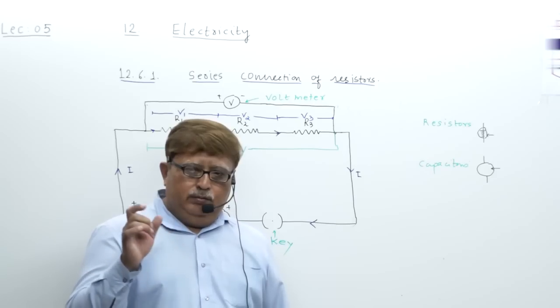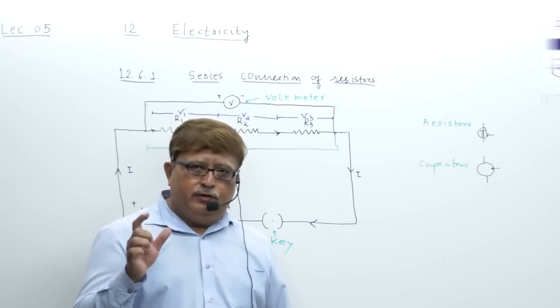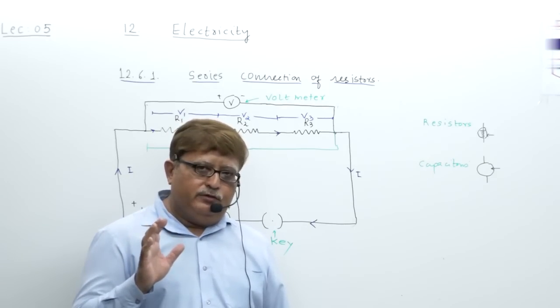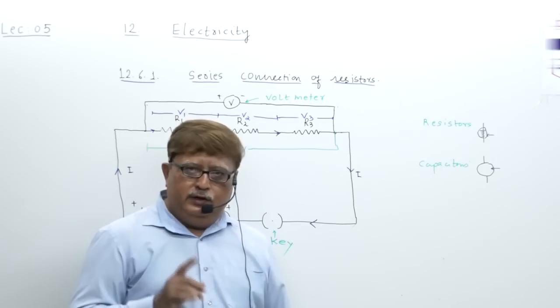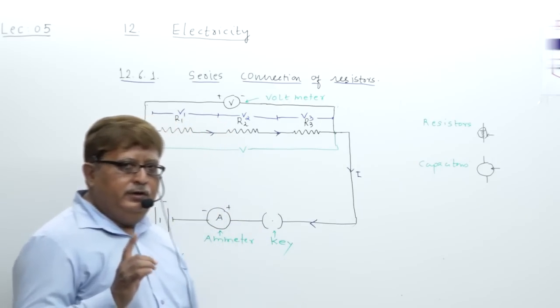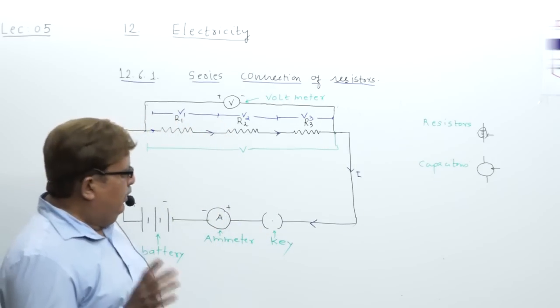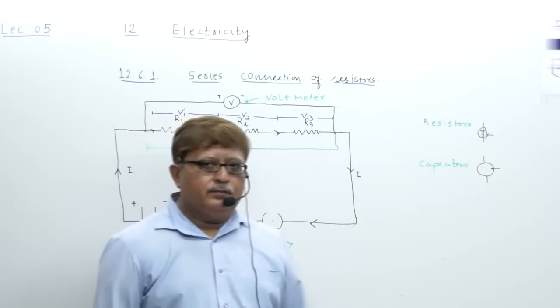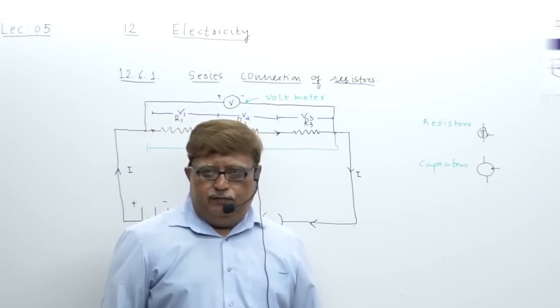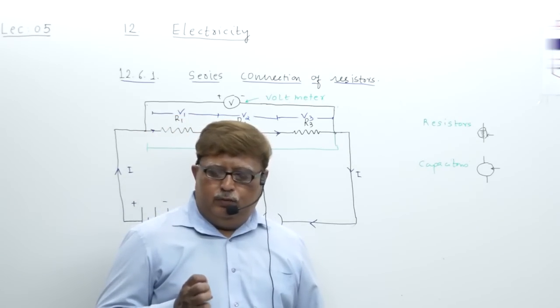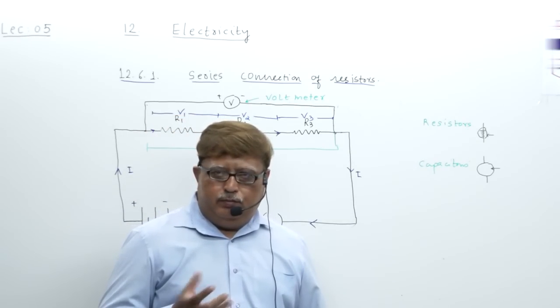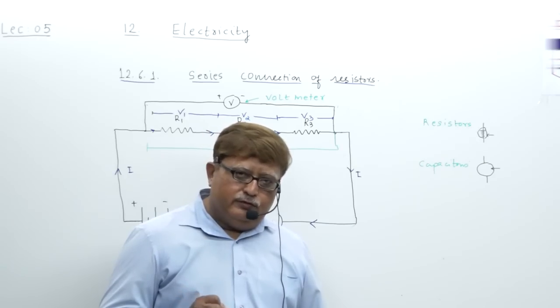Second, the potential difference across each resistor is different. Then they are said to be in series connection. So this is the definition or characteristic properties of series connection.